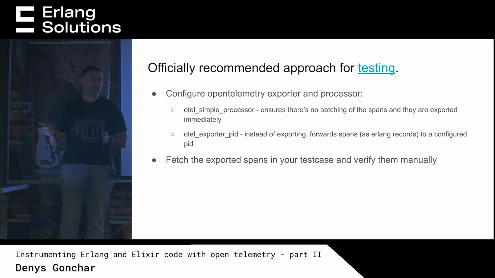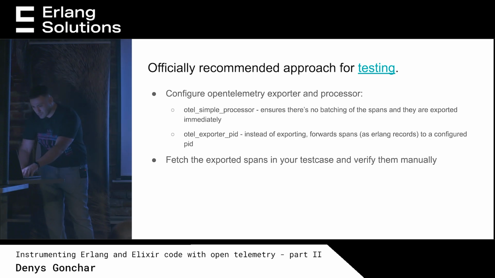Instead of sending data somewhere, it just creates a message and sends it to some process within the system. And what the framework recommends is to set your test case process as a receiver, receive all of those spans, and later on manually analyze them.